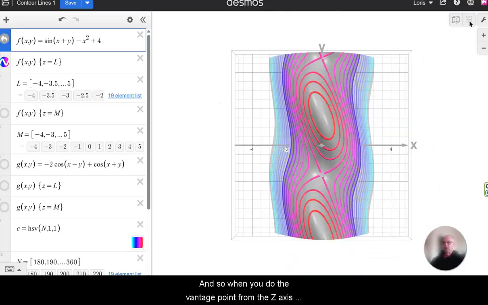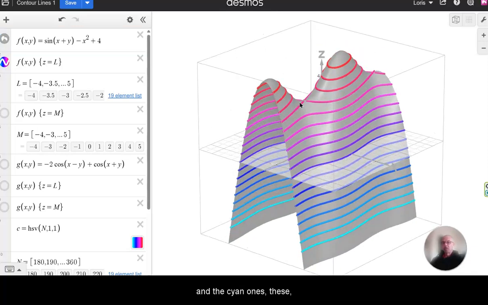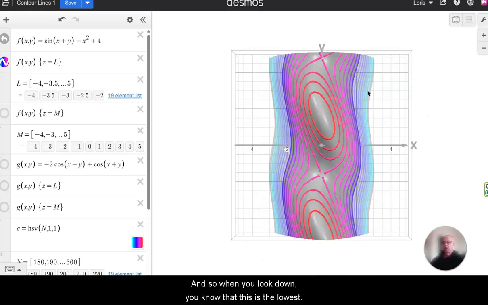And so when you do the vantage point from the z-axis looking down, you know your red ones are the ones that are highest, and the cyan ones, these greenish blue, very bright, is the lowest. So when you look down, you know that this is the lowest. What I want you to notice also, and this is a feature of contour lines, is the closer they are together, the steeper the graph is.